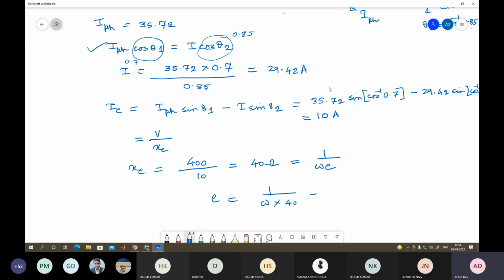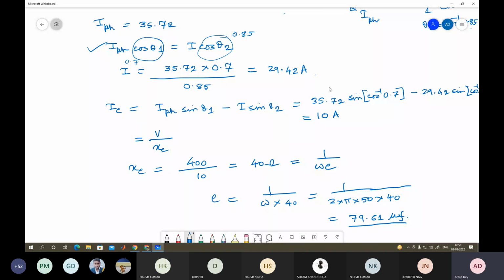And what is your omega? It is 314, because it is 2 into pi into 50 hertz. So C turned out to be 79.61 microfarad. Okay, so this is how you should create your capacitor bank so that you can get your power factor improved from 0.7 to 0.85.